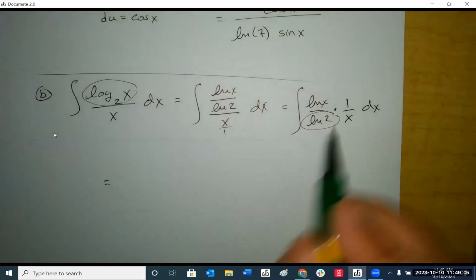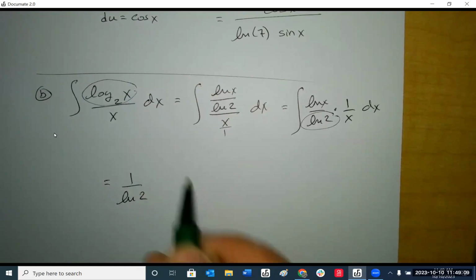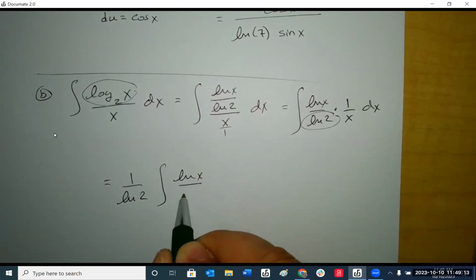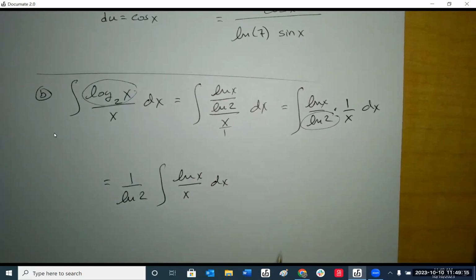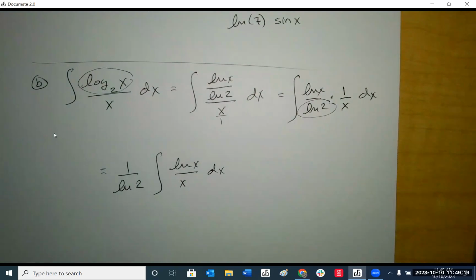ln 2 is a constant, so we can bring it out in front. 1 over ln 2, the integral of ln x over x dx. Integral of ln x over x.